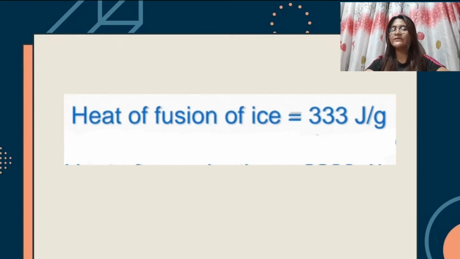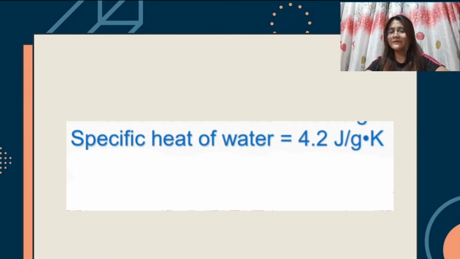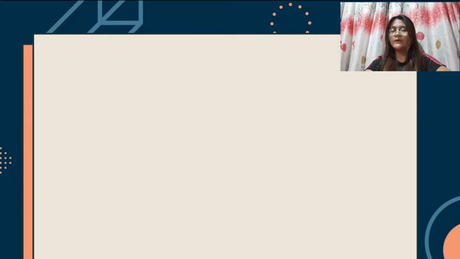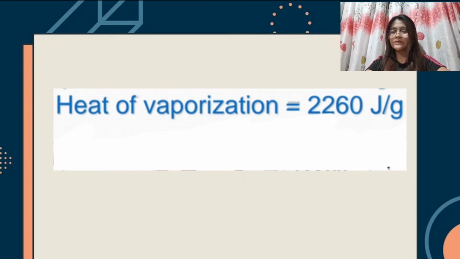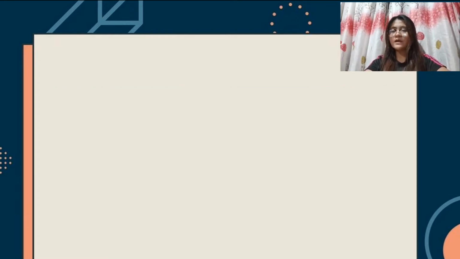So our heat of fusion of ice is 333 joules per gram. Our specific heat of water is 4.2 joules per gram times Kelvin. Our heat of evaporation is 2260 joules per gram. Now that I have already given it, let's proceed to the solving.